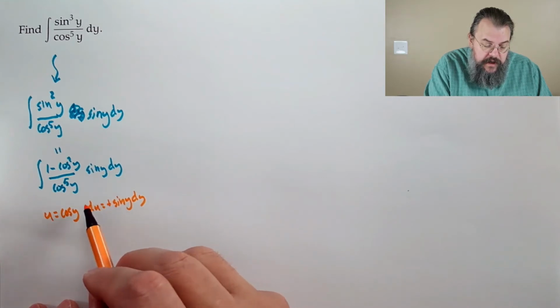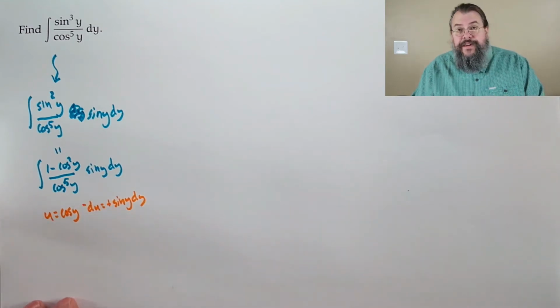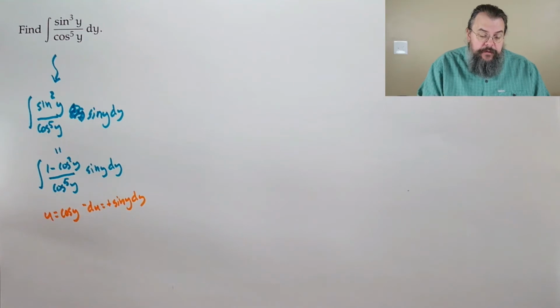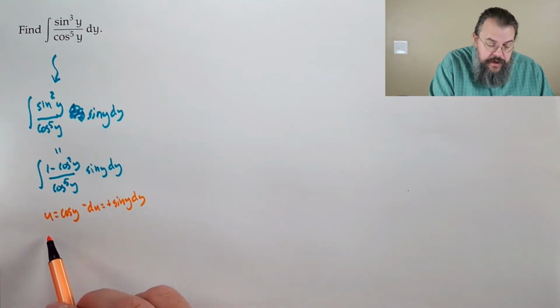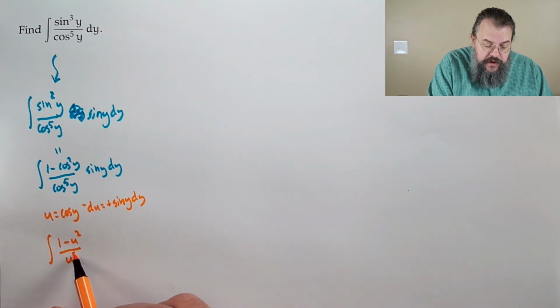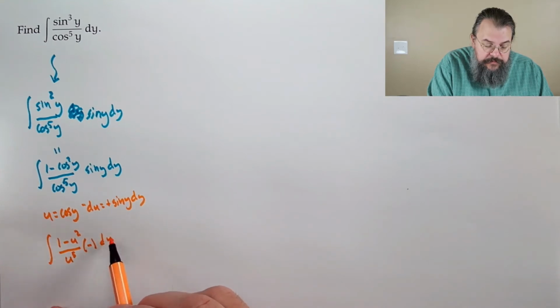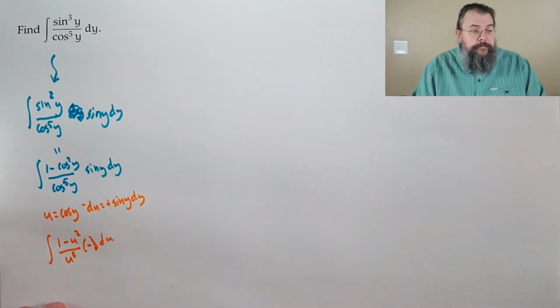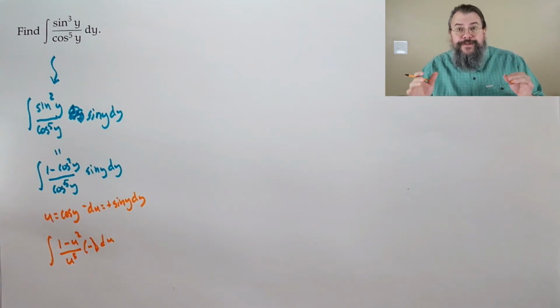Or we could say minus du is sine y dy. And with that substitution, we would get the integral of 1 minus u squared over u to the 5th times a minus du. Okay, so that's one of our options.